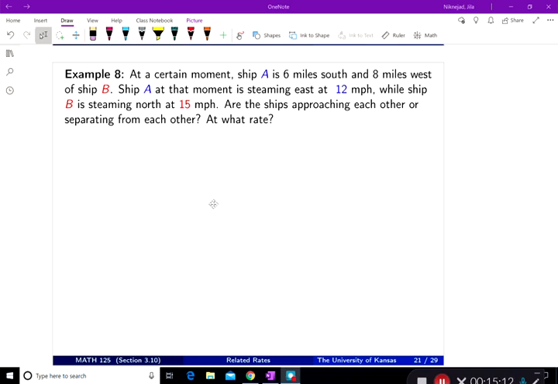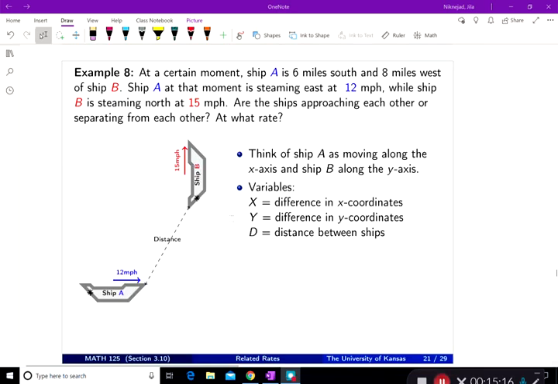And so let's draw a picture for ourselves. We're saying ship A is 8 miles west of ship B, and this is 8 miles.